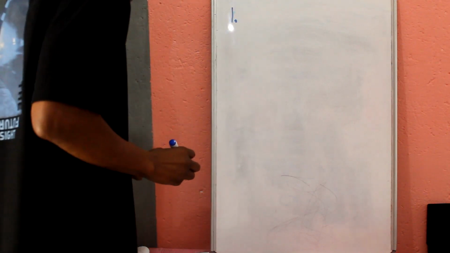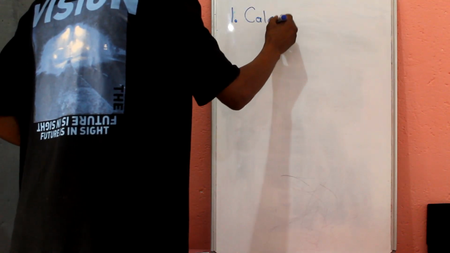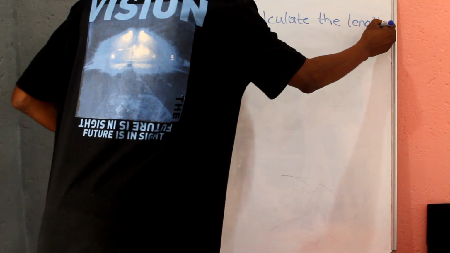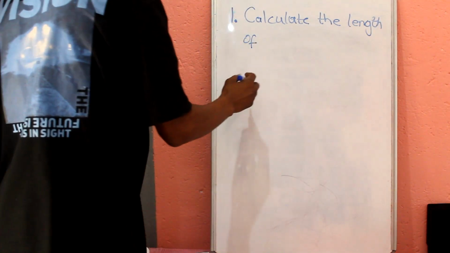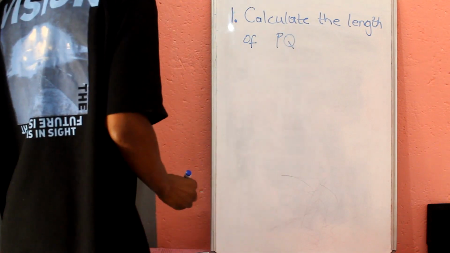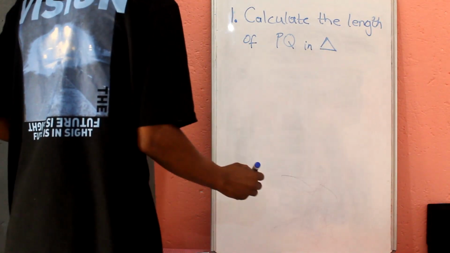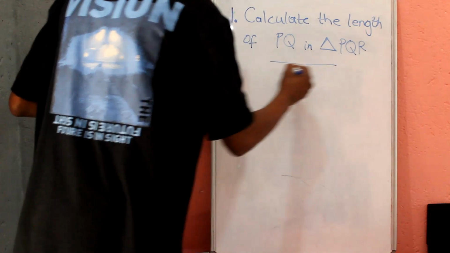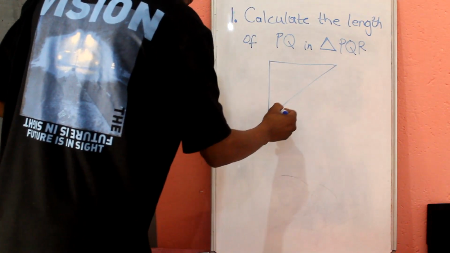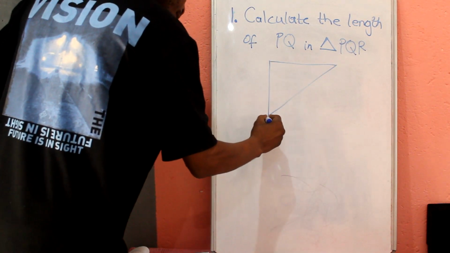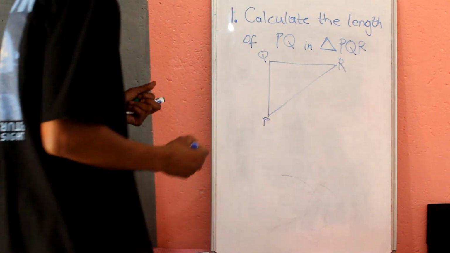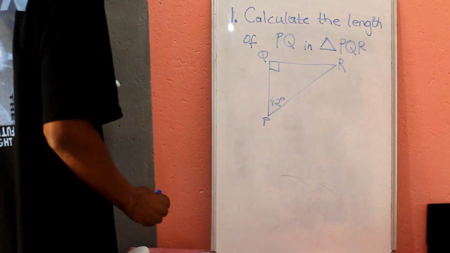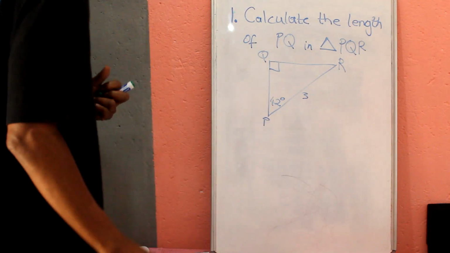number 1, saying calculate the length of PQ in triangle PQR, where this triangle referred to is in this fashion, and then that's your P, that's your Q, and that's your R. That's a right angle triangle with 42 degrees angle sitting there, and the hypotenuse being 3 units.